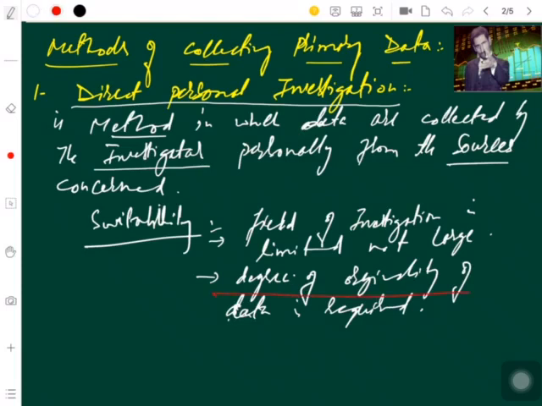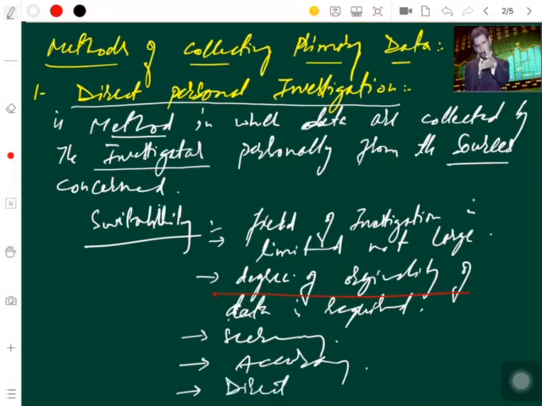Okay. So dear students, when you talk of the suitability of direct personal investigation, maybe where information is kept secret is one more thing. You want to obtain a level of secrecy. Or maybe accuracy of data is of greater significance. Or maybe direct contact with the informant is required.